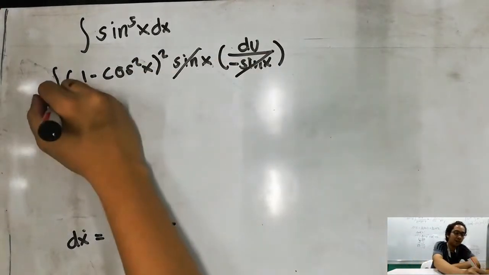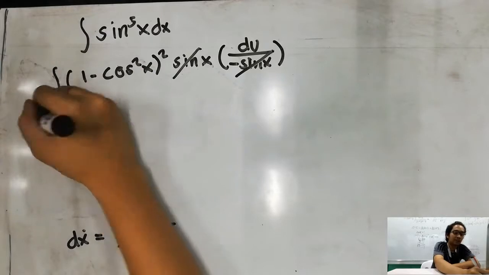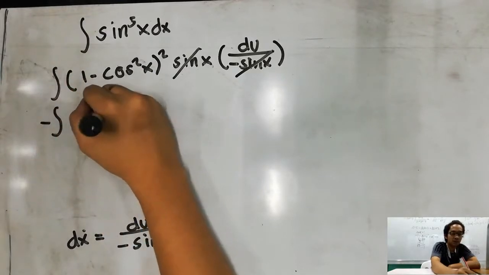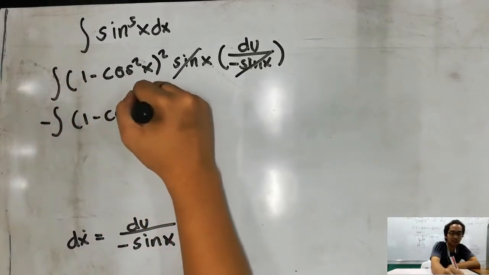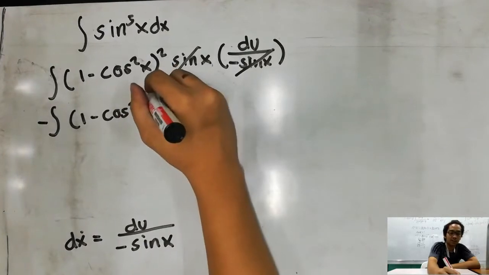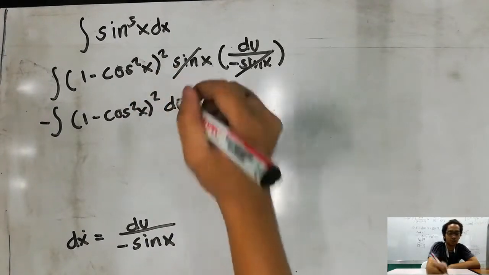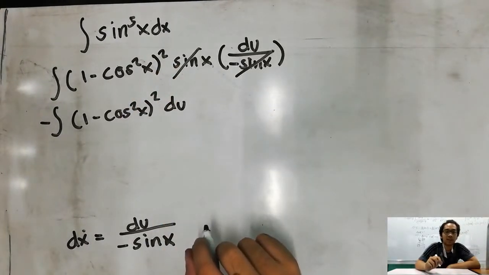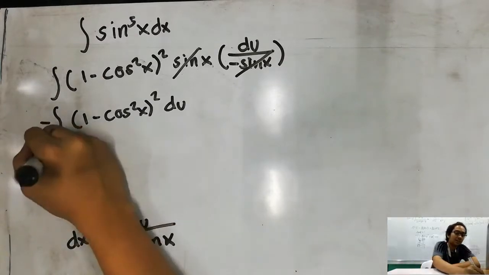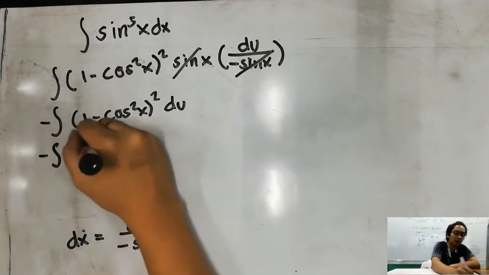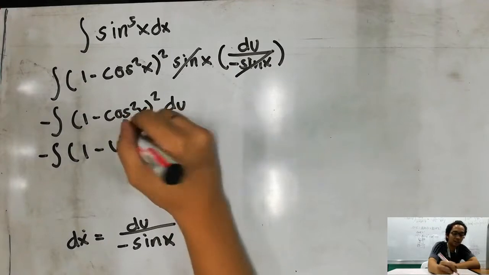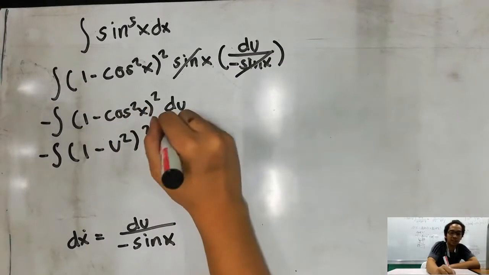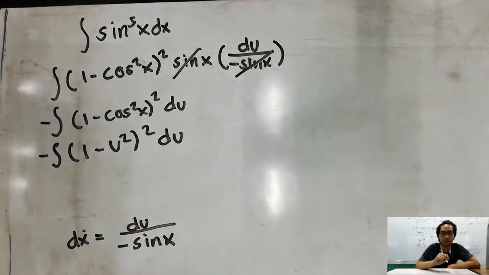We have now negative integral of 1 minus cosine squared x raised to 2 du. We can rewrite this as negative integral of 1 minus u squared raised to 2 du. Then let's expand our function.